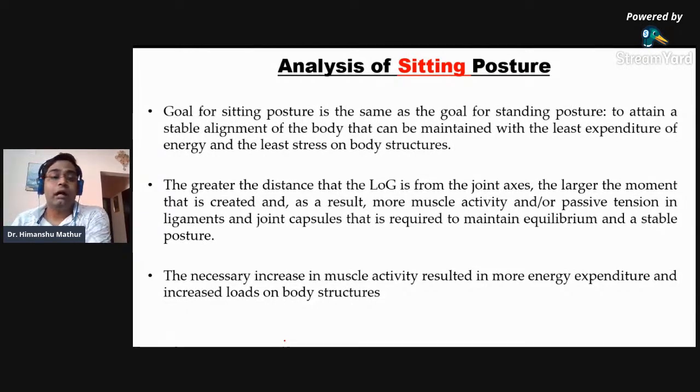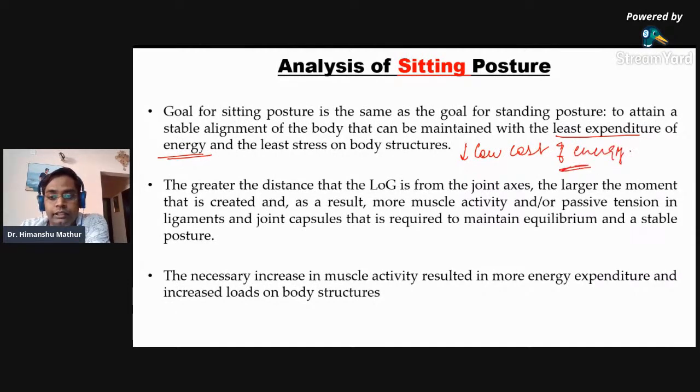All right. Now, the goals of the sitting posture are the same as the goals of the standing posture: to attain a normal alignment with low cost of energy. Always remember, least expenditure of energy should be there, which will eventually lead to least work done, least power, and everything least, and low force, obviously.